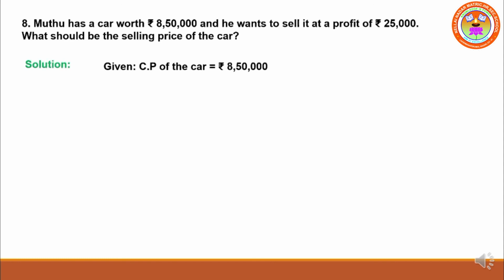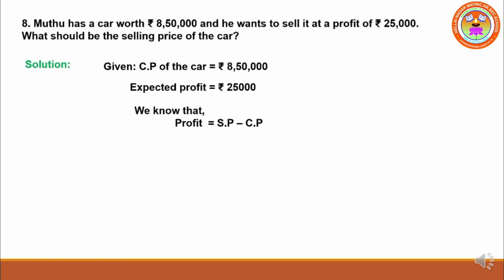Given CP of the car is equal to 8,50,000 rupees. Okay. And expected profit. He wants to sell the car at a profit of 25,000. So we can write it as expected profit is equal to 25,000. Okay. So we should find what is the SP of the car.